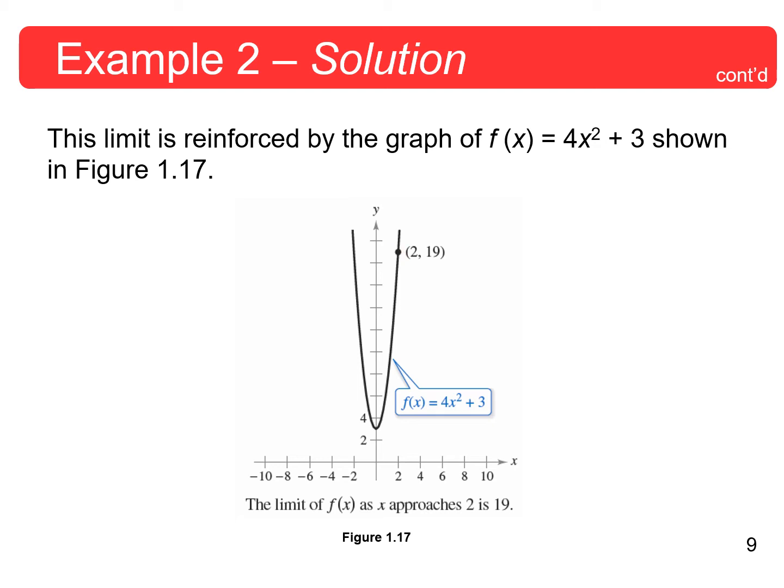So graphically speaking, if you look at the values to the left of 2 and see where the graph approaches, we would see that as x approaches 2 from the left, f of x approaches 19. And as x approaches 2 from the right, the graph would also approach this point here. So f of x approaches 19.